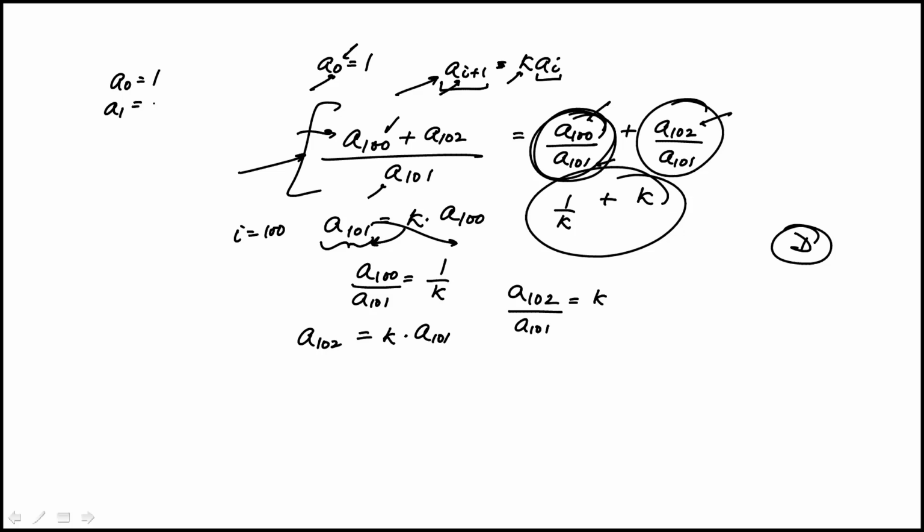So A1 would be k, A2 would be k squared, A3 is k cubed, A4 is k to the 4th, and so on and so forth, which means, let me just make sure, A100 is k to the 100, A102 is k to the 102, and we should get the same answer, but this takes a little bit longer, and actually it's not too bad.